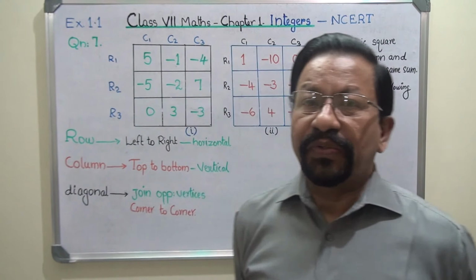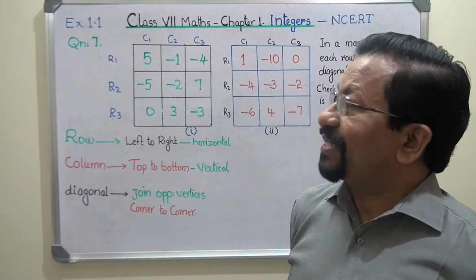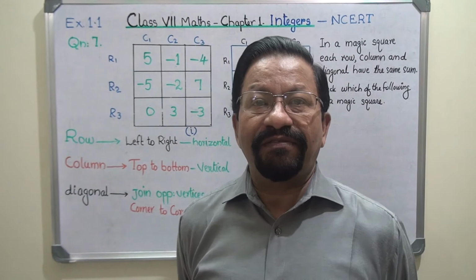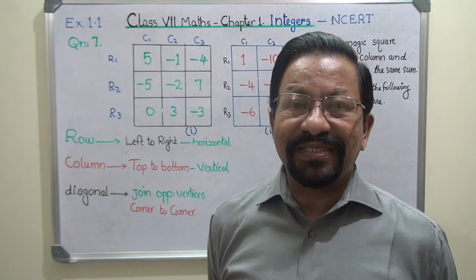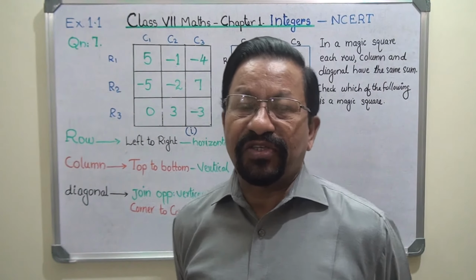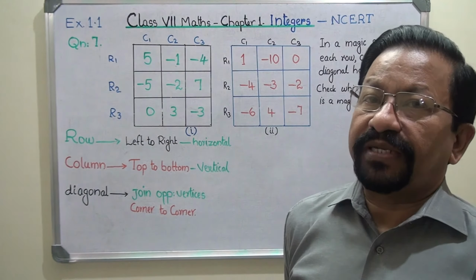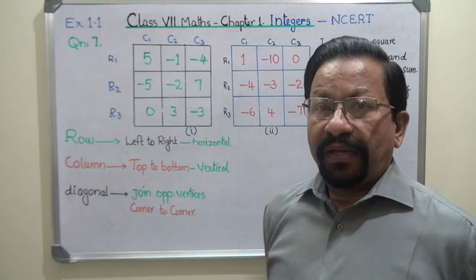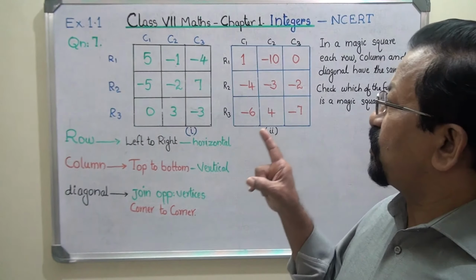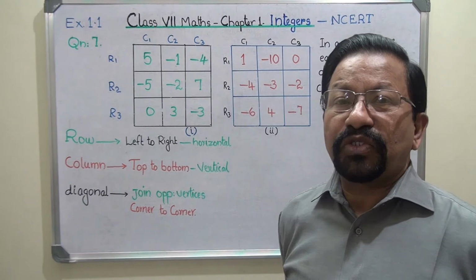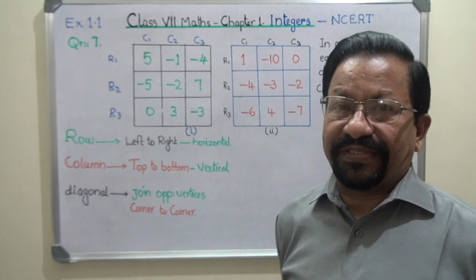Today I will do question number 7 of exercise 1.1, class 7 maths, chapter 1 integers. What is question number 7? In question number 7 they have given two squares with some numbers.